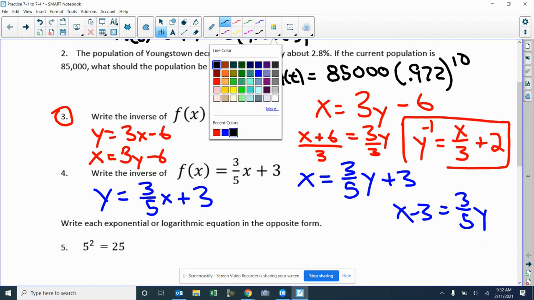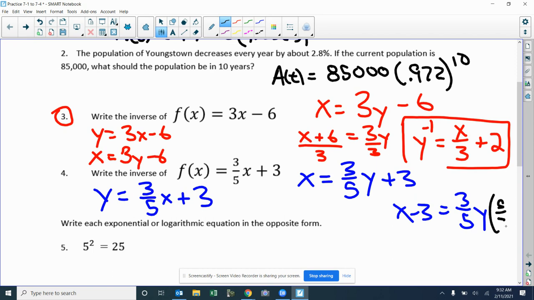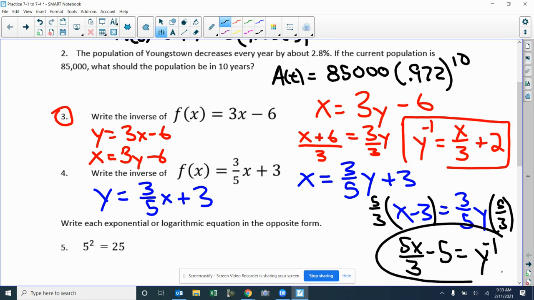So now the reciprocal, 5/3. So I'm gonna end up with 5x over 3, and that's gonna end up being minus 5 after we simplify that. And that would be your y inverse. 5/3 times -3 would be -15 over 3, which simplifies to -5.